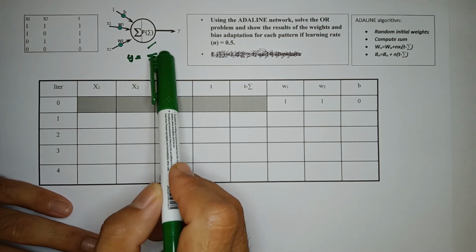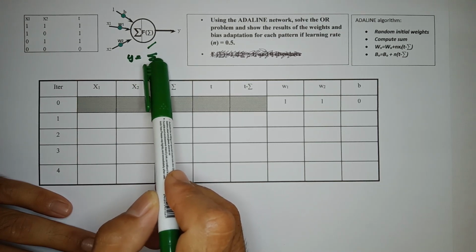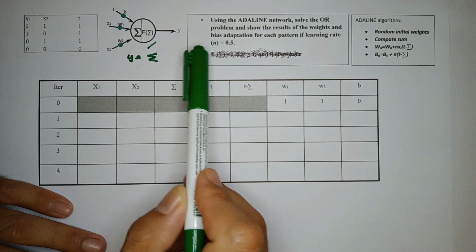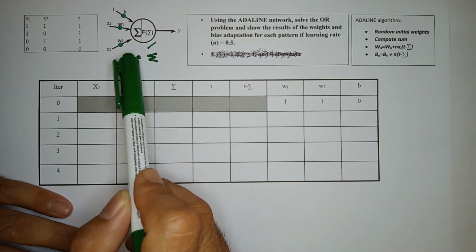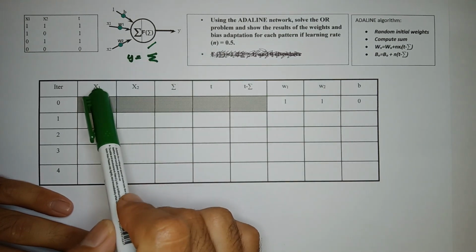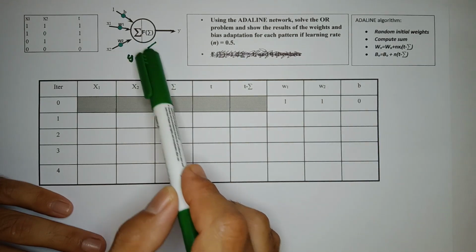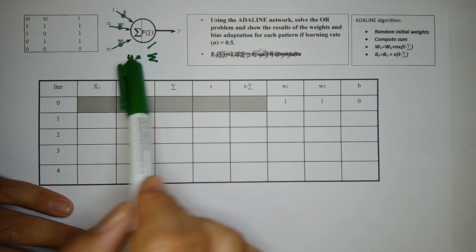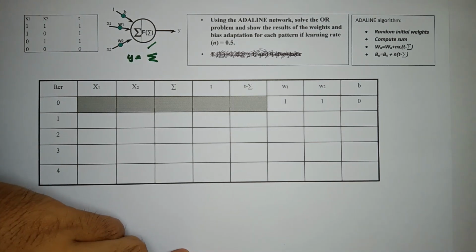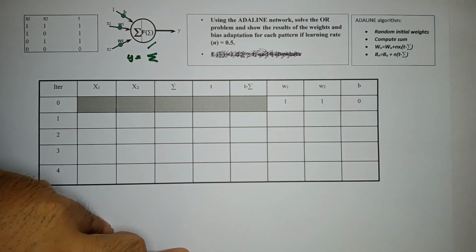Previously for the perceptron, we calculate the summation, perform the threshold, and then give the value of y. But for the adaptive linear element, it is a bit different: we just straightaway take the summed input as the predicted output. So that will be the second step.